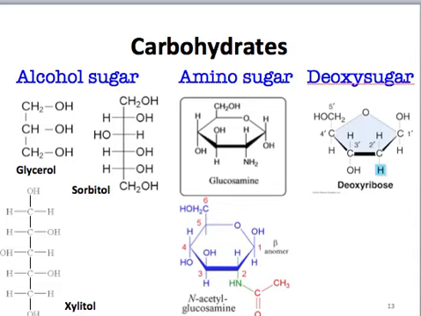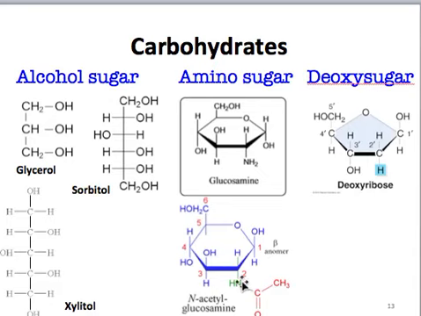Likewise, alcohol sugar is derived from reduction of monosaccharide, resulting in changing the carbonyl group to hydroxy group. Glycerol, sorbitol, and xylitol are examples of alcohol sugar derived from glyceraldehyde, glucose, and xylose, respectively. Amino sugar is derived from the addition of amine or amide group into the sugar.